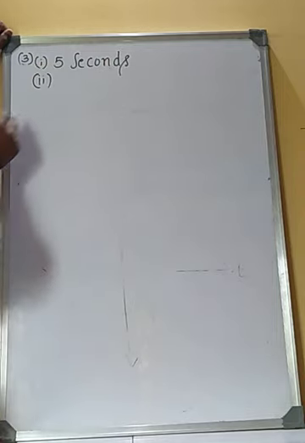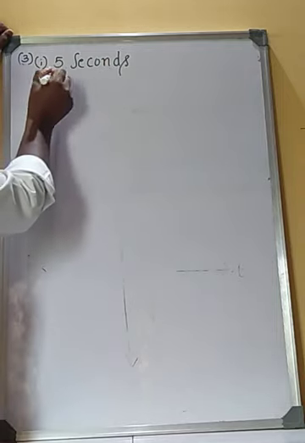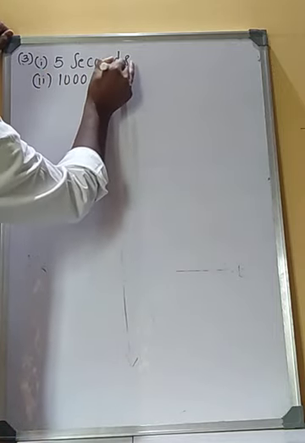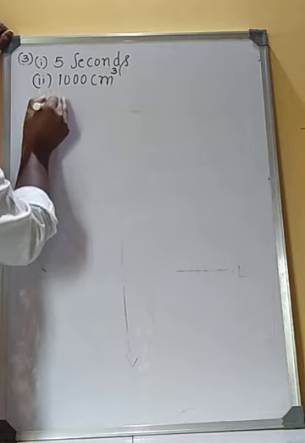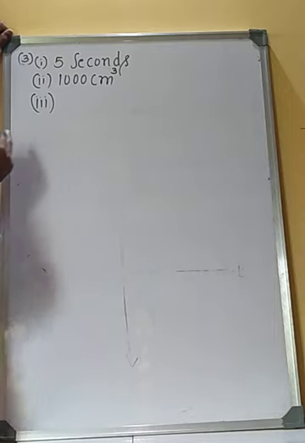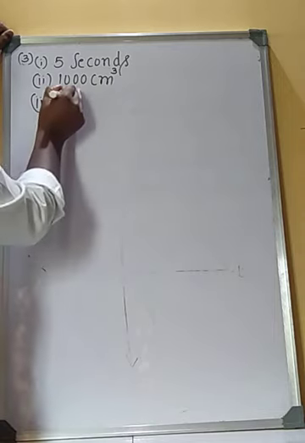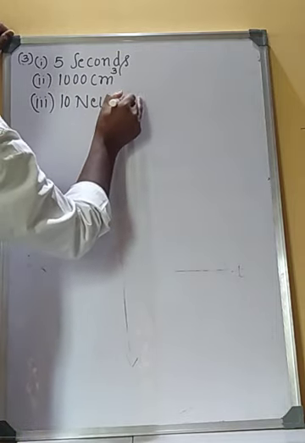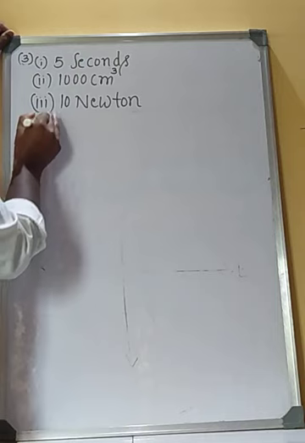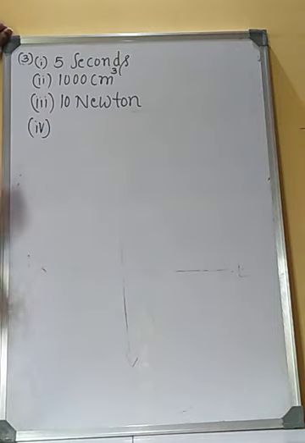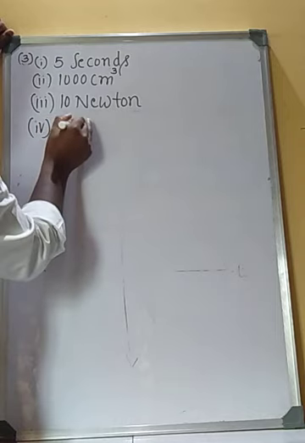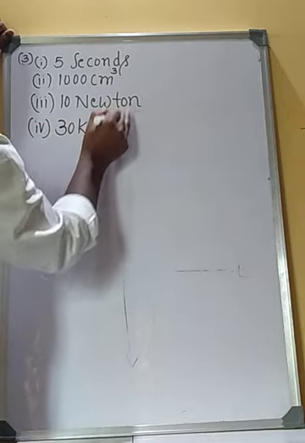Second one, 1000 centimeter cube. Third one, 10 Newton. Fourth one, 30 kilometer per hour.